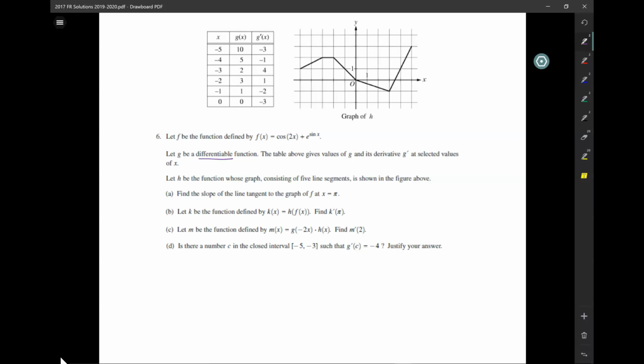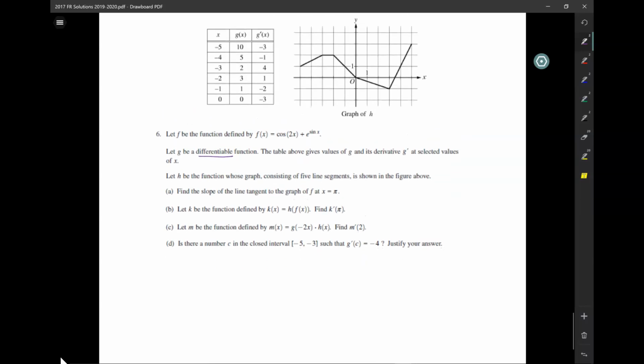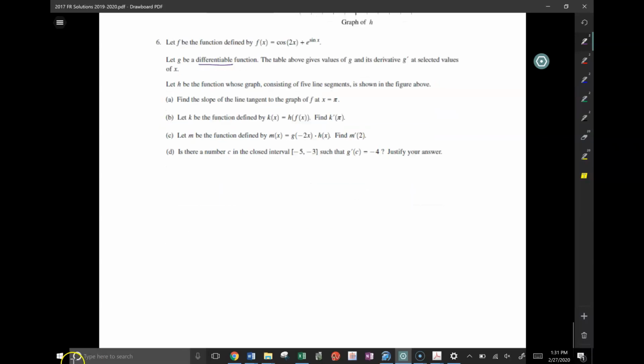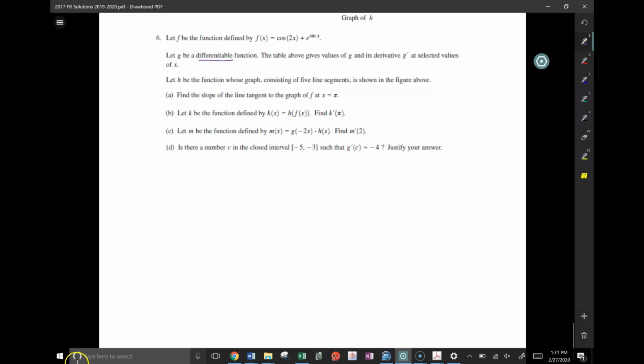Let h be a function whose graph, consisting of 5 line segments, is shown in the figure above. Find the slope of the line tangent to the graph of f at x equals pi. So the slope is the derivative at x equals pi. So we want the derivative of f at x equals pi.